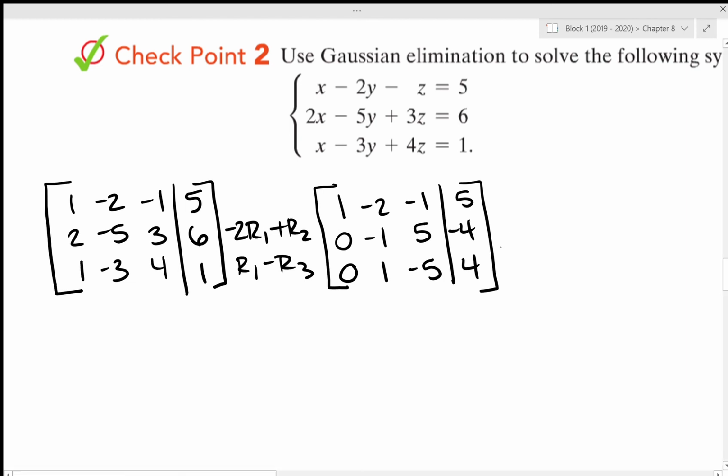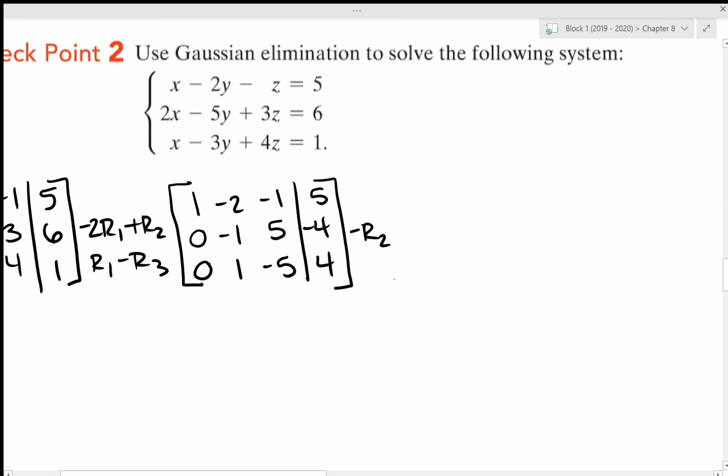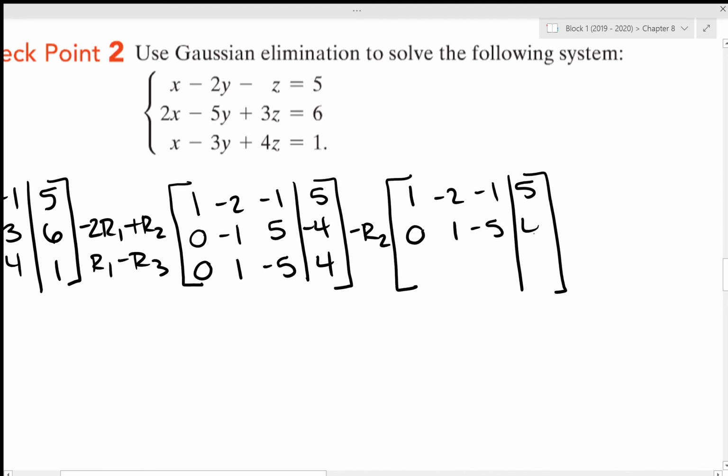You can swap row 2 and row 3 like so, and have the positive 1 up top. However, it's already a negative 1, right? So just do negative of row 2 so that you don't have to worry about messing up any numbers. So negative 1, line 5, 0, 1, negative 5, 4, and then 0, 1, negative 5, 4.